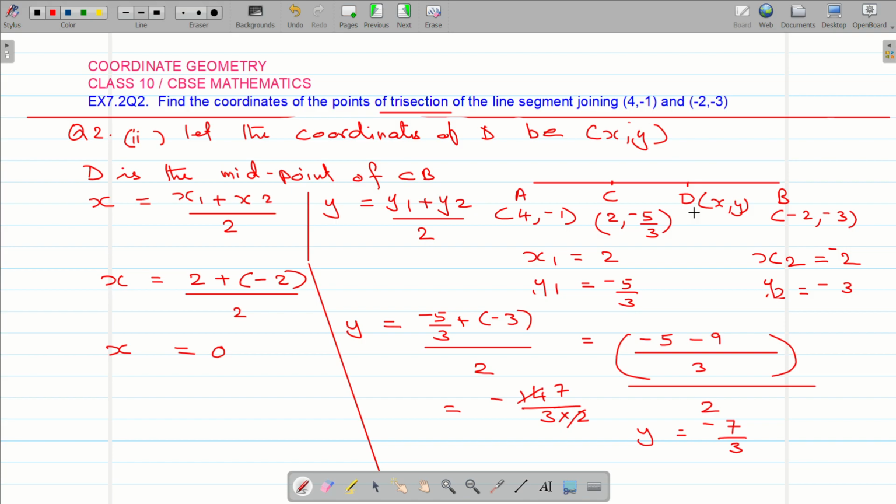Therefore, the coordinates of the point D are 0, minus 7 by 3, and the point C is 2, minus 5 by 3.